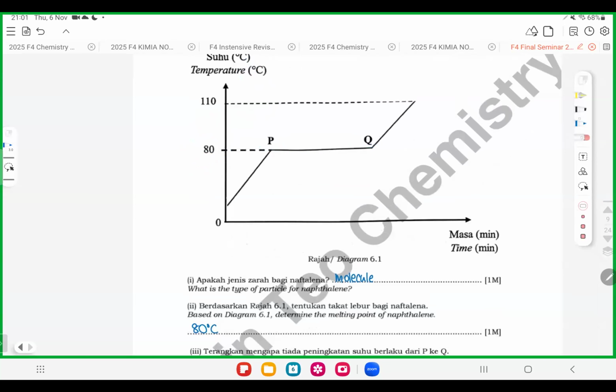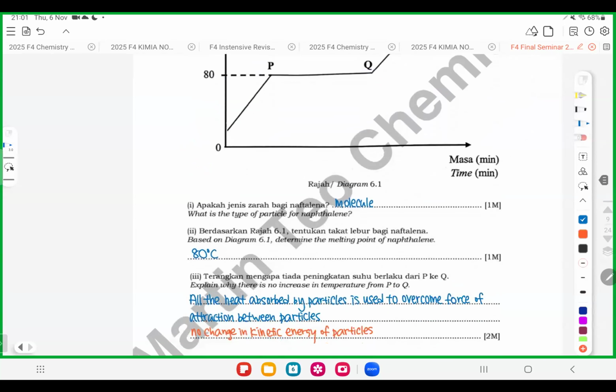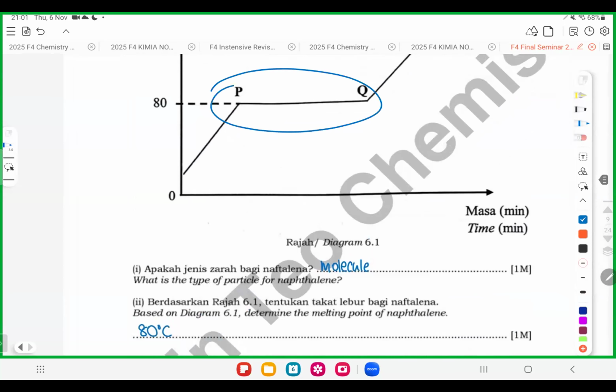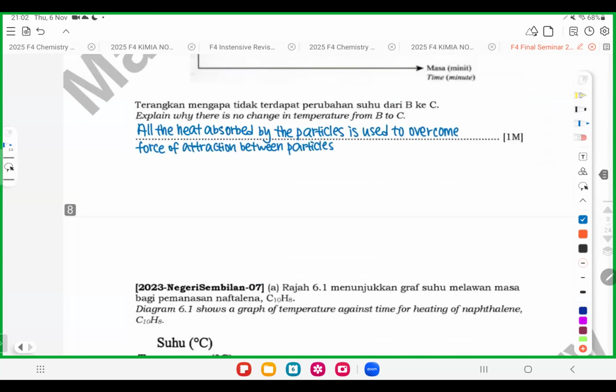Okay, next one. Now you see this question: explain why there is no increase in temperature from P to Q. This question is very similar to what we had just now, isn't it? But what's the difference? Just now the question was a bit stingy, they only gave 1 mark.